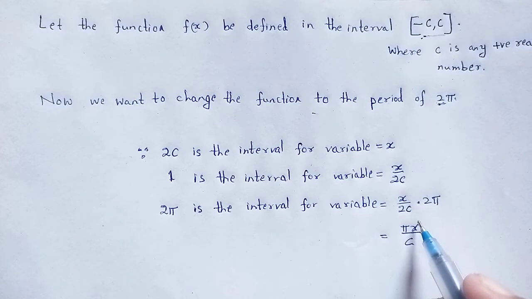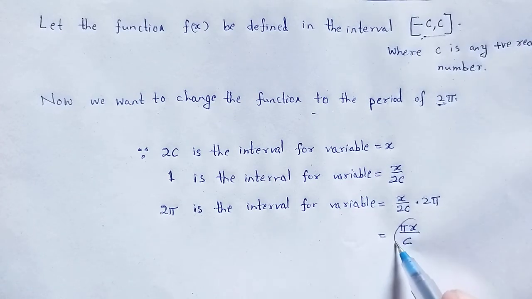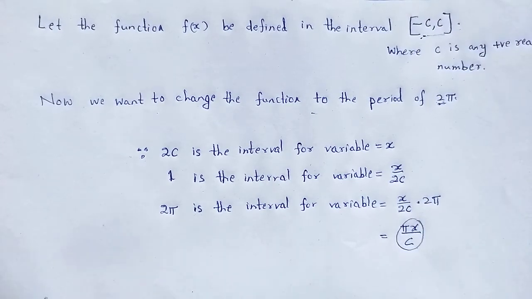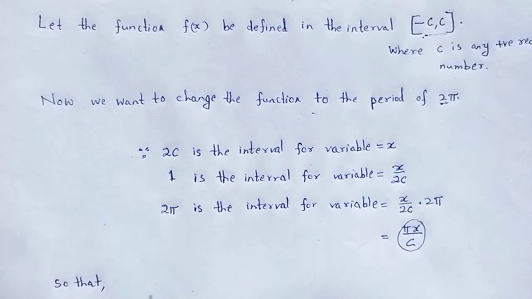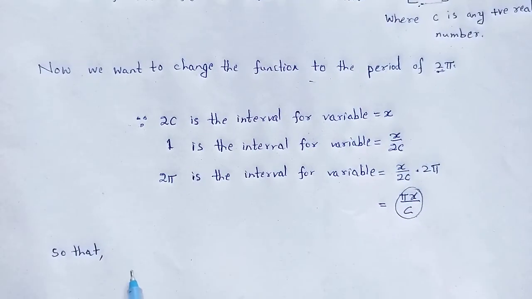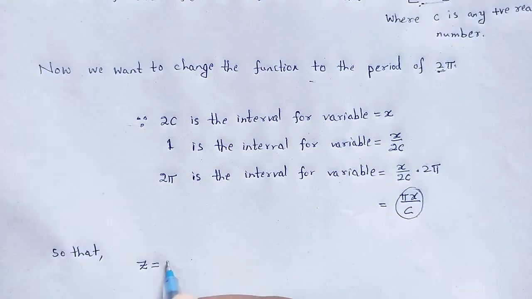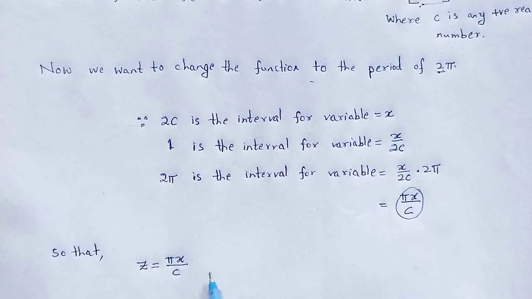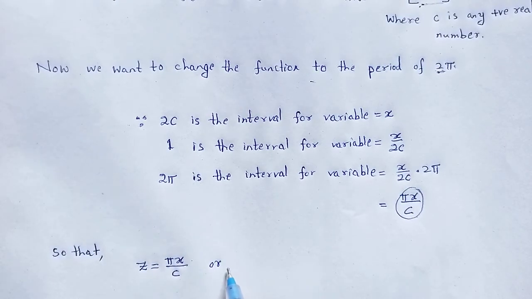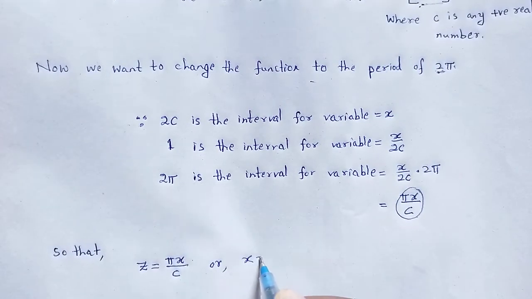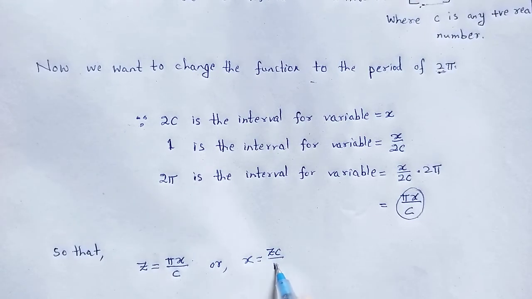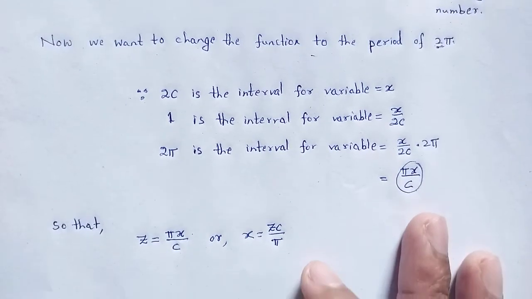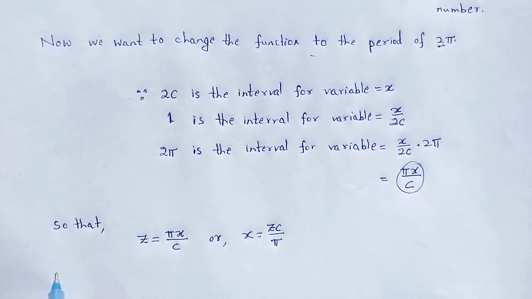So we put z is equal to pi x by c, or we can say x is equal to zc by pi.